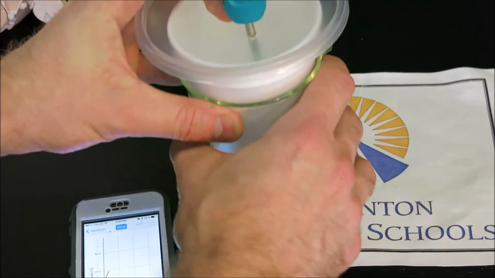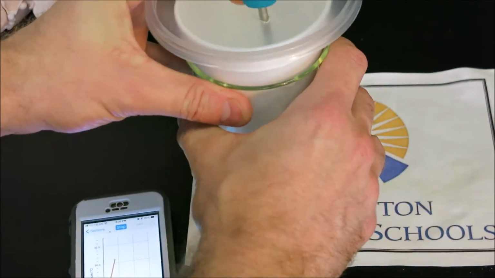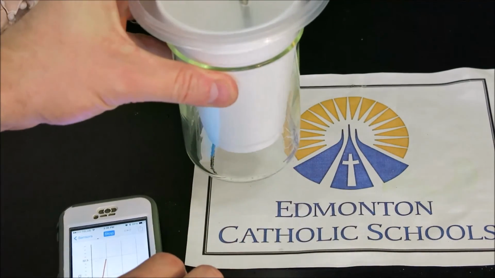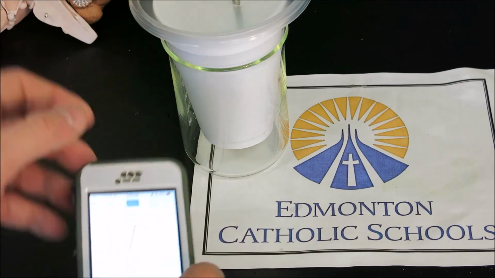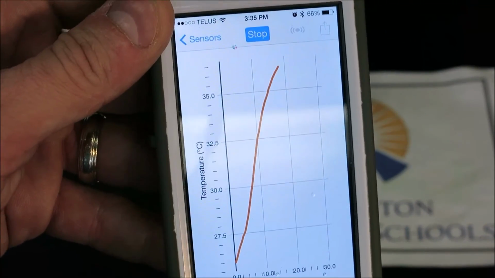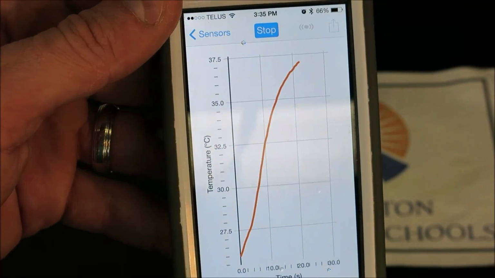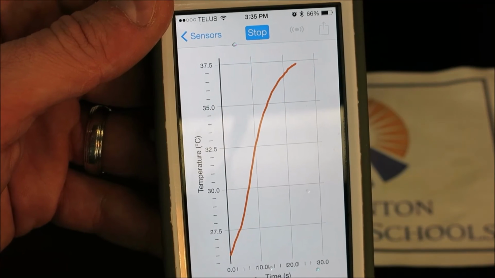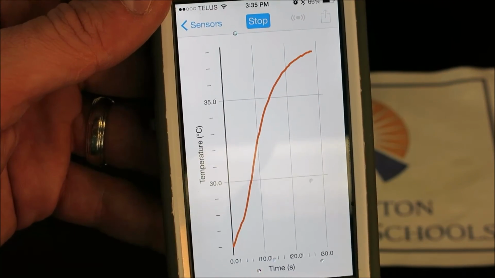Again, we will swirl to help the reaction. And this time we can see that the rate of change of temperature is much greater, and this of course is due to the powder that was added. With its incredibly high surface area, it reacts at a much more rapid rate.